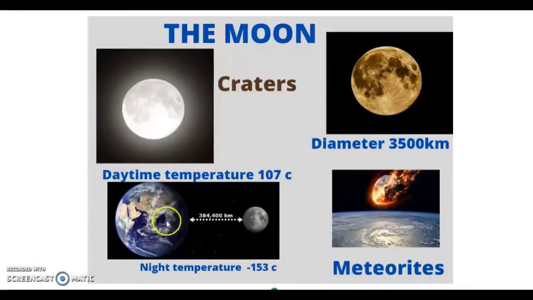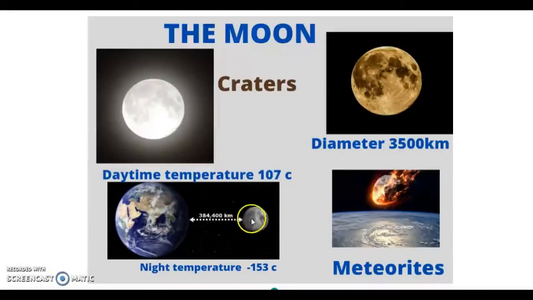Yes, it cools down and the temperature drops to minus 153 degrees centigrade. So what can we understand from this? Yes, in the daytime the surface of the moon becomes very hot and at nighttime it becomes very cool.